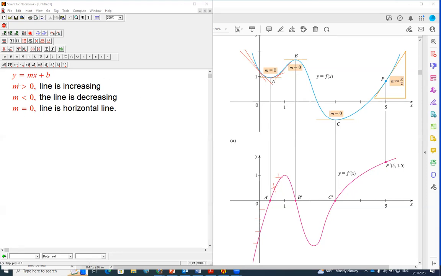So here is the general principle, our guideline. When the derivative of the function is negative, the curve is decreasing.